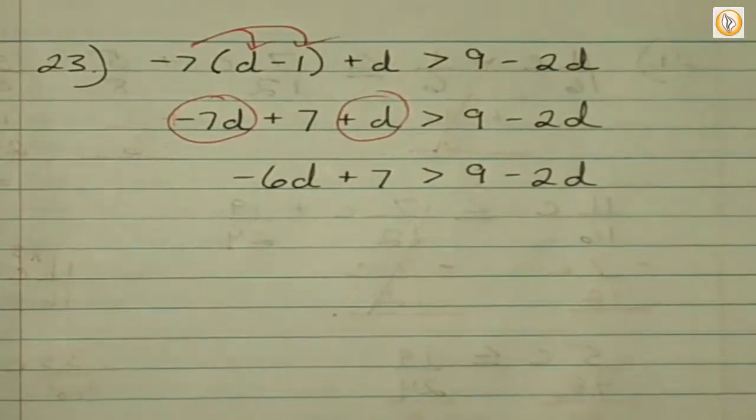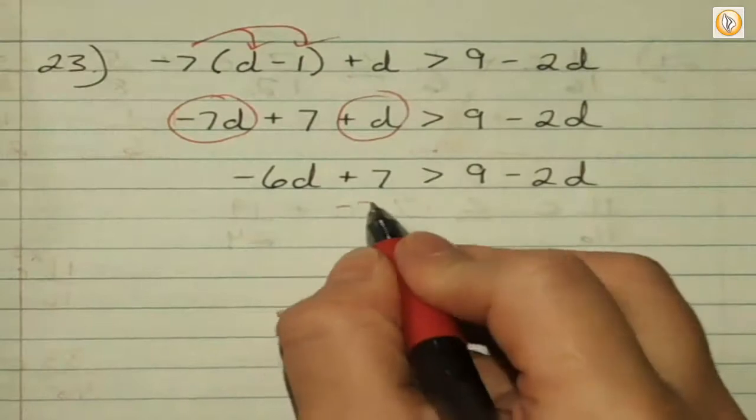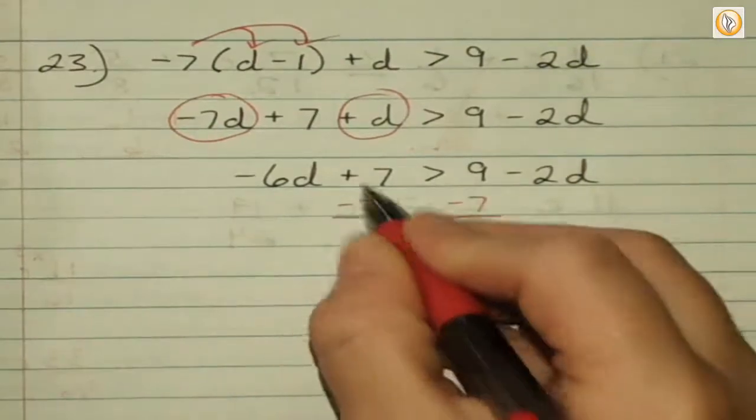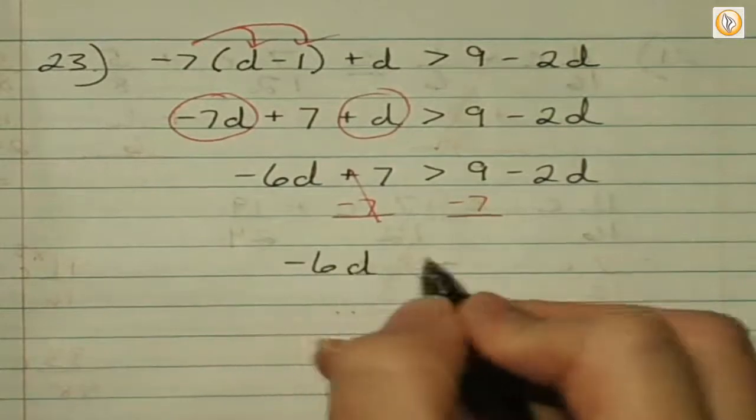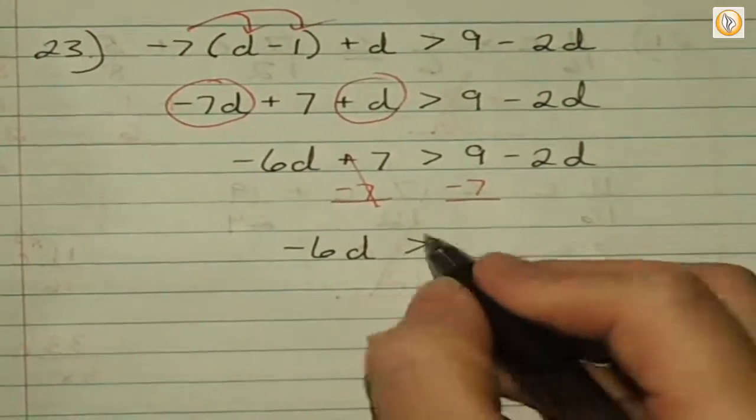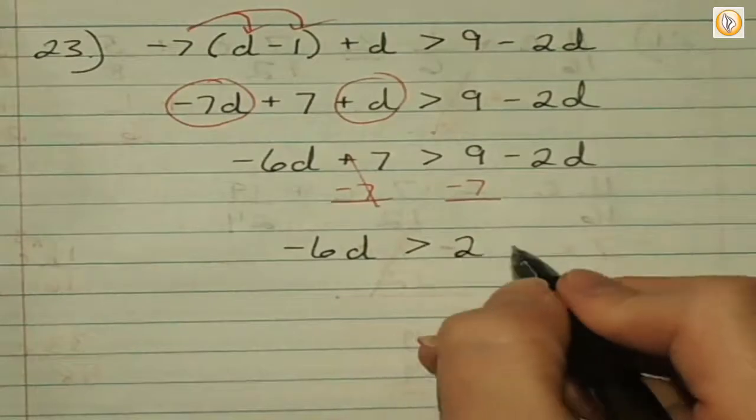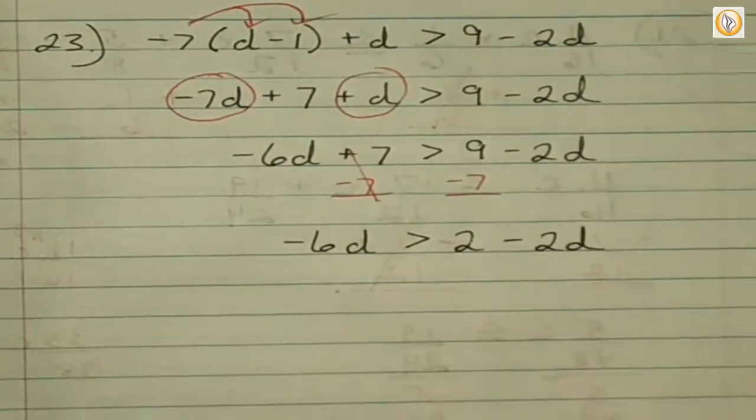Now you can subtract 7 on both sides. Good. So you get negative 6d is greater than what? 2 minus 2d.